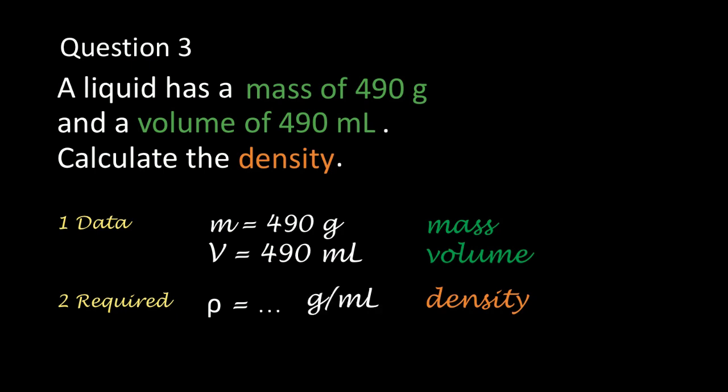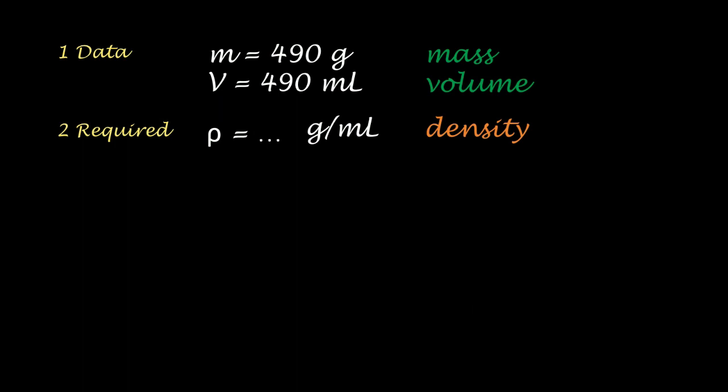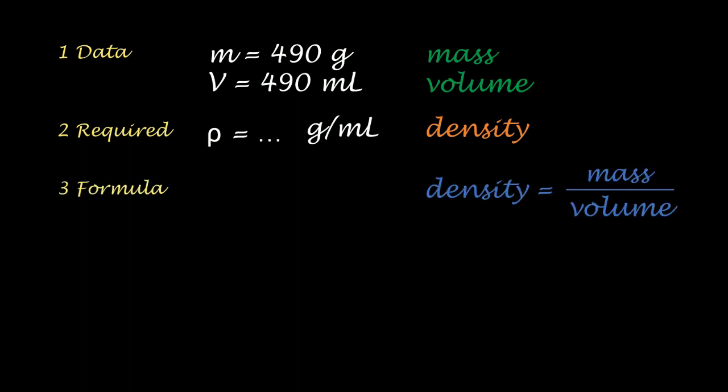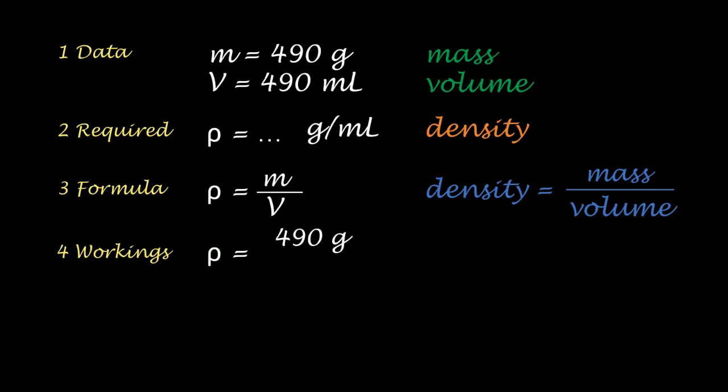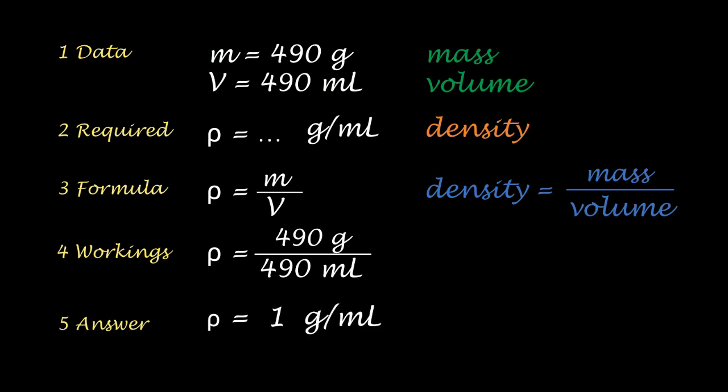You see, it's always the same. Step 3, the formula, rho equals m over V, workings, rho equals 490 grams per 490 milliliters. The answer, 490 divided by 490, that equals 1. So rho equals 1 gram per milliliter.